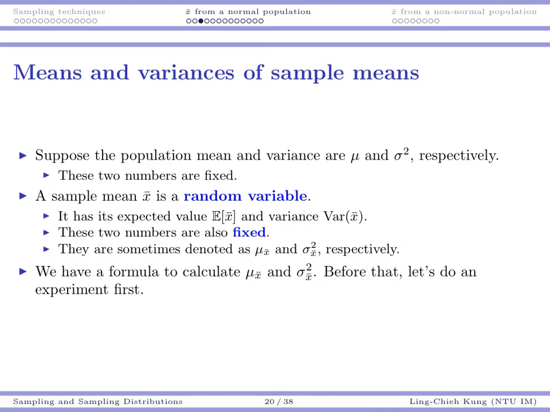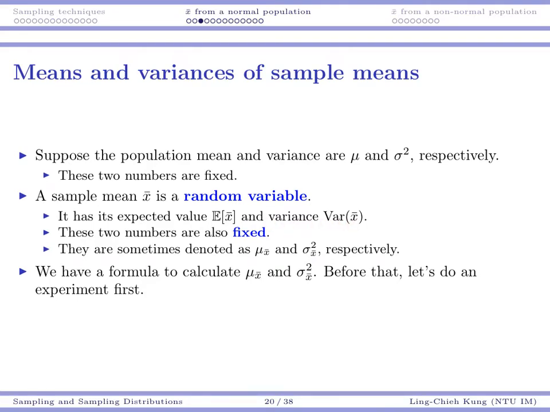On the other hand, the sample mean is actually random. Today you draw a sample. Tomorrow you draw another sample. These two samples will typically be somewhat different. So, as a random variable, x bar has its expected value and its variance.